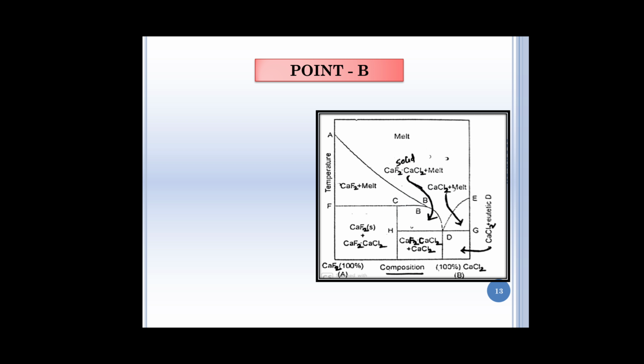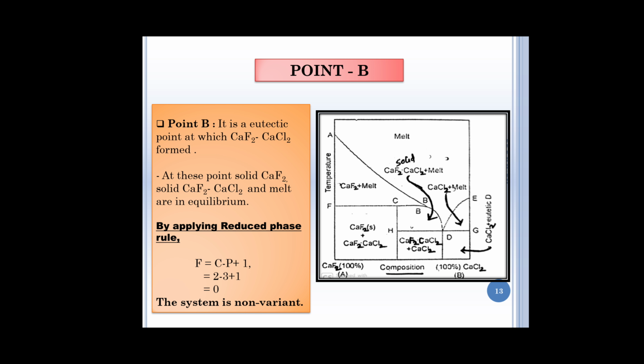Now, in this diagram, the point B is a eutectic point at which CaF2CaCl2 is formed. At this point, solid CaF2 and solid CaF2CaCl2 and melt are in equilibrium.